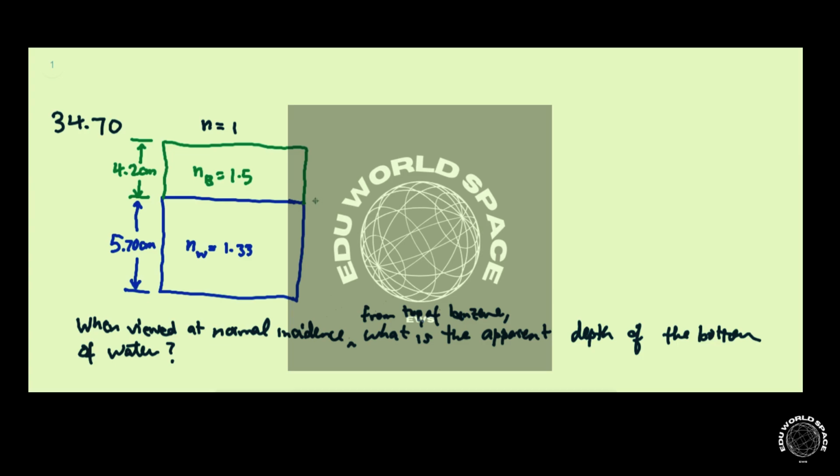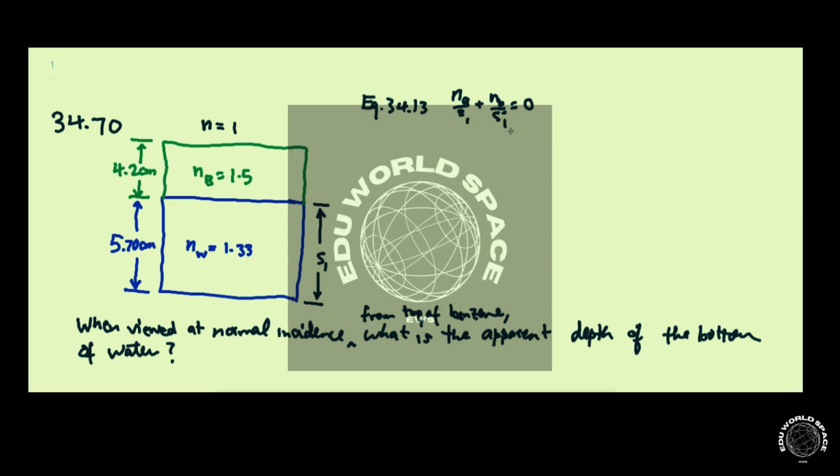So let's first find the image that we get from the benzene-water interface. Let's call this distance S1. That's our object distance for the benzene-water interface, and we'll use equation 34.13, which tells us that Na over S plus Nb over S prime is equal to 0.